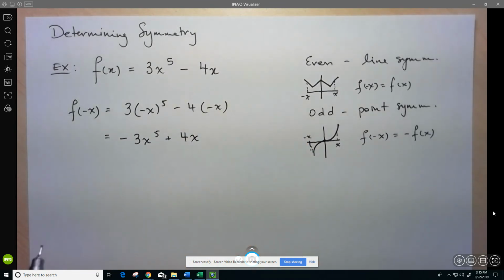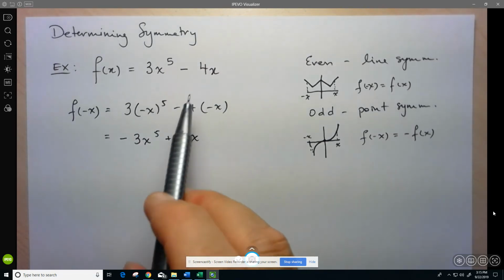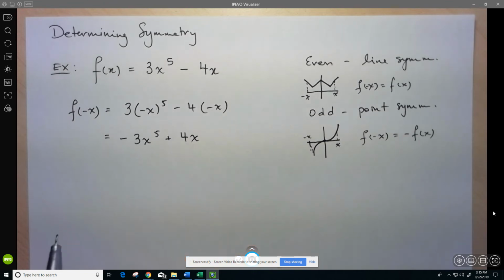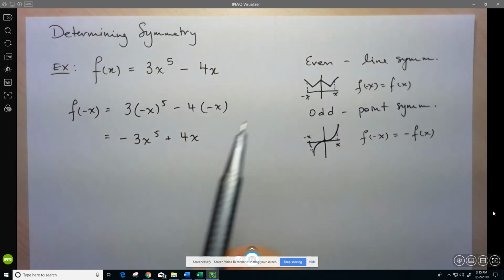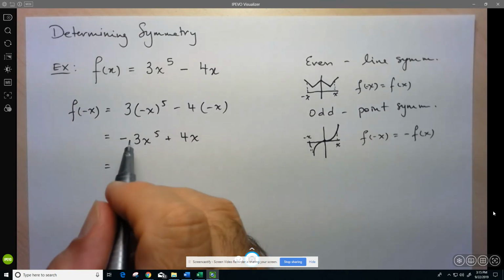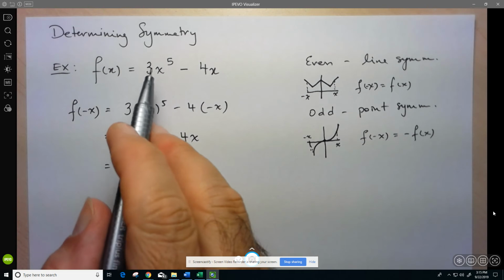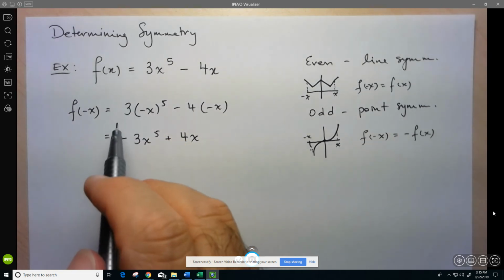Now comparing f at negative x with f at x, clearly they're not equal to each other, so we know that it's not an even function. But if I factor out the negative in front of the 3x to the 5th, I will get something that looks like the original leading term.